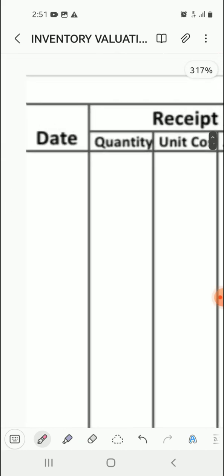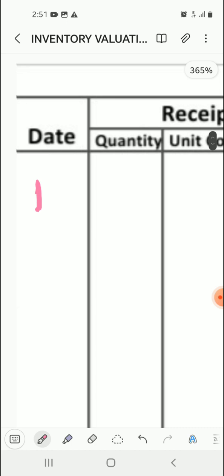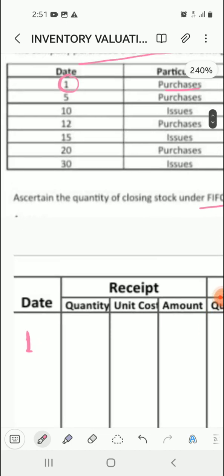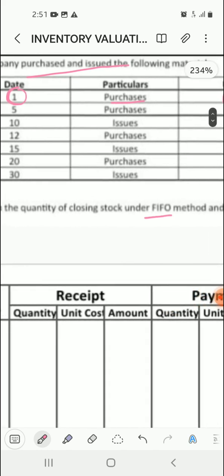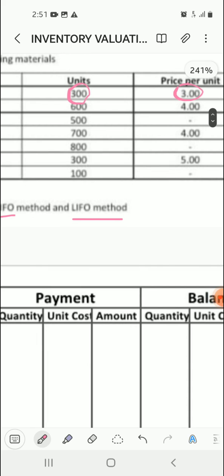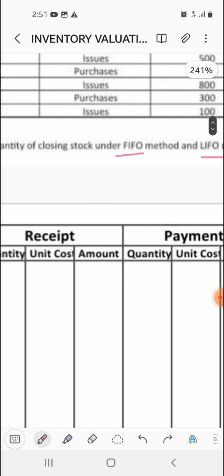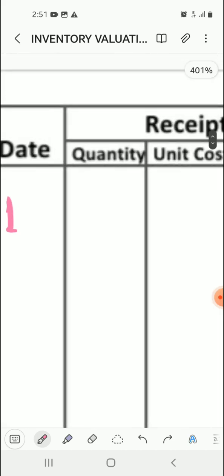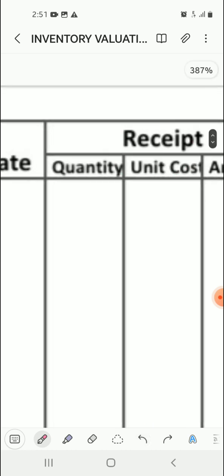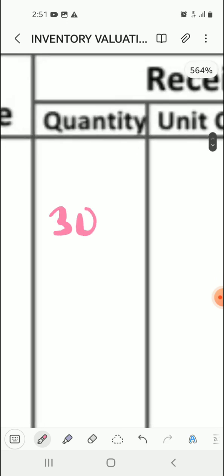So the first date that we have is 1. According to the question, the purchases were made for 300 units at rupees 3. So we are going to write in quantity under the receipt column, because there is a purchase, 300, and the unit cost will be 3.